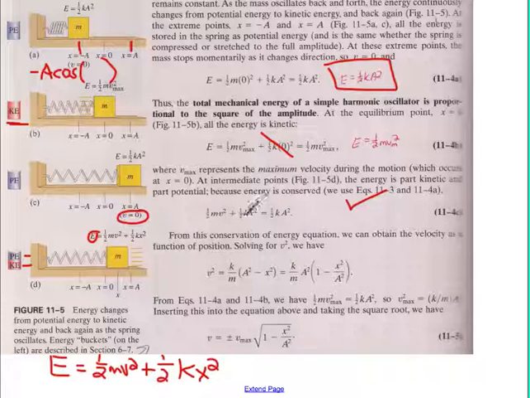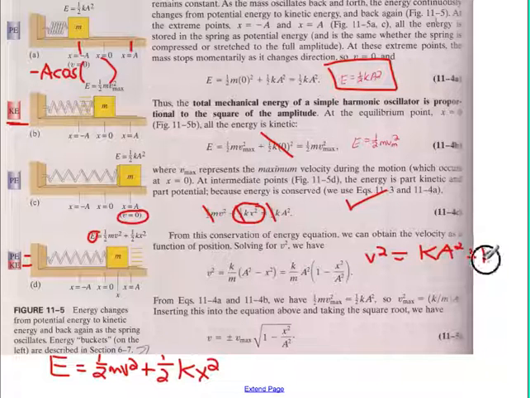So it looks like you'd first subtract this term to the other side. Actually, I would get rid of these halves first. So I'd cancel out these halves by multiplying by 2 across the equation, then I would move that term to the other side, and divide by m. So let's do that over here off to the side. In other words, v squared equals k a squared minus k x squared, and then you divide by that m.